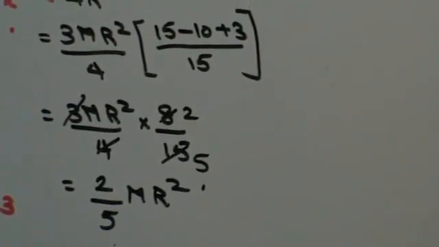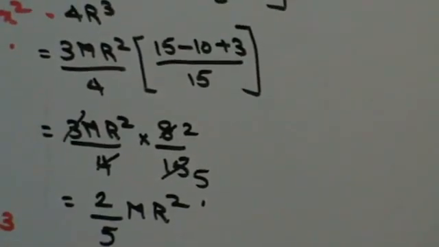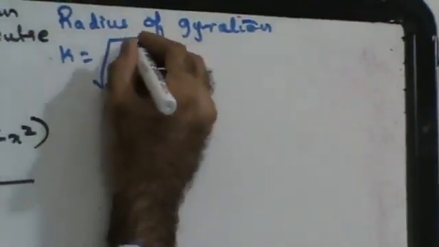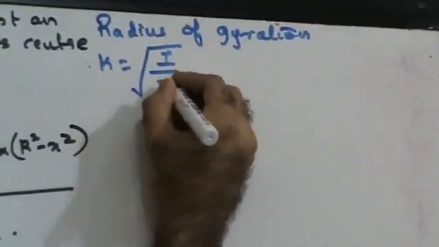Now once I know the moment of inertia, then I can find out the radius of gyration. I can say that the radius of gyration k is nothing but square root of I upon m.